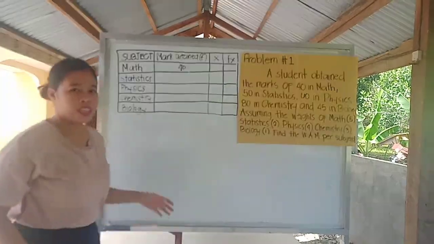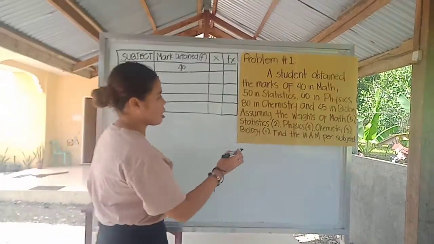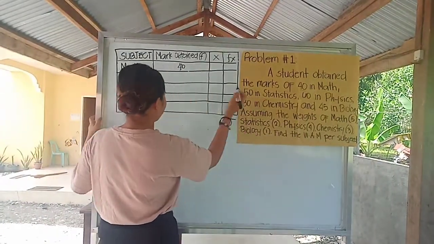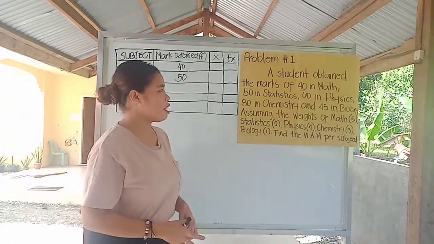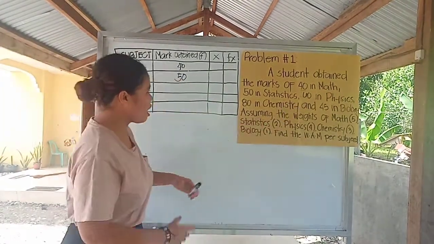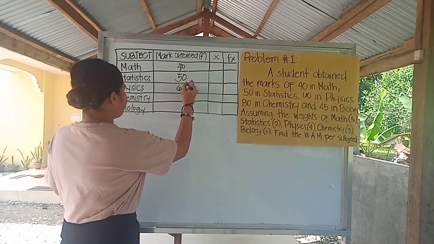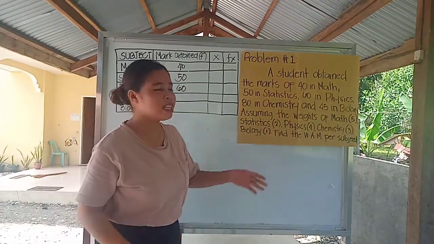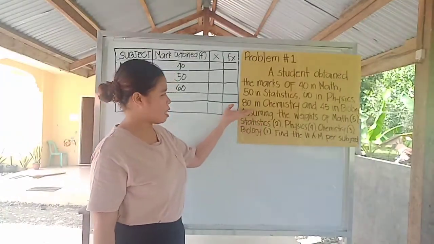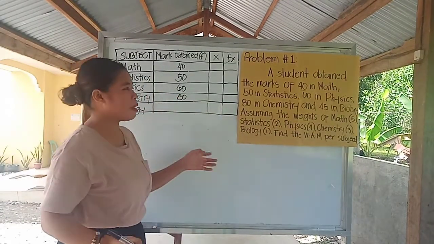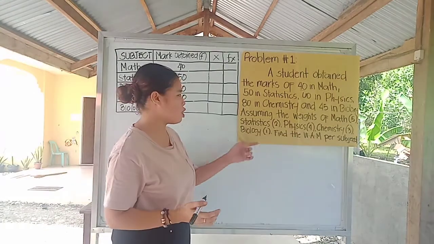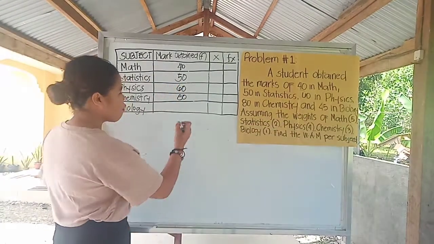In statistics is 50. The mark obtained in physics is 60. The mark obtained in chemistry is 80. And the mark obtained in biology is 45.